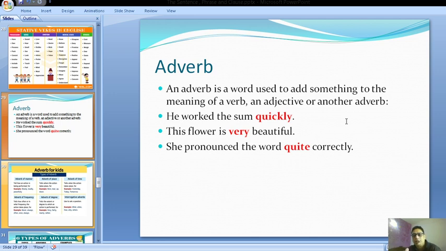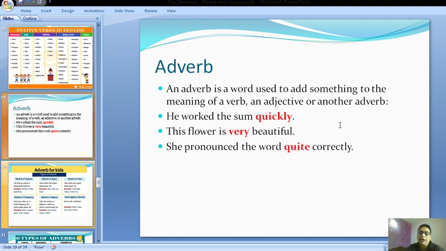So beautiful is an adjective. What is being said about it, that is also an adverb. So if something is being said about an adjective, that is also an adverb. She pronounced the word quite correctly. So pronounced correctly. Correctly is an adverb because pronounced is the verb. Pronounced correctly is the adverb. Now we are telling more about that adverb. Quite correctly.